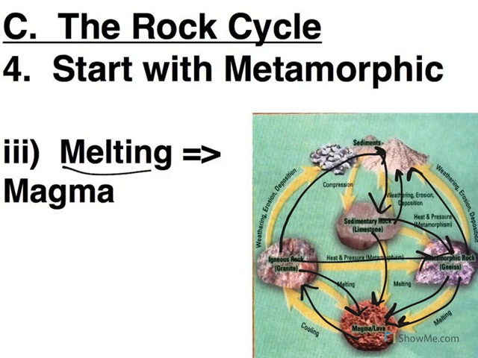And so the rock cycle has a very convoluted path in some cases to get to your final product. But all of these different paths are possible, and all of these different paths fall within the rock cycle.